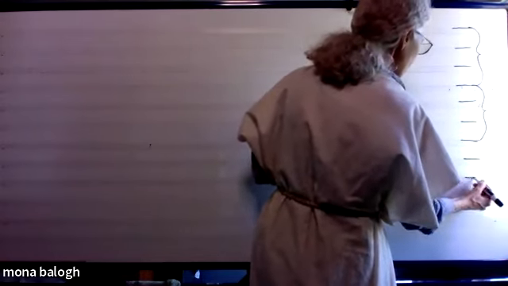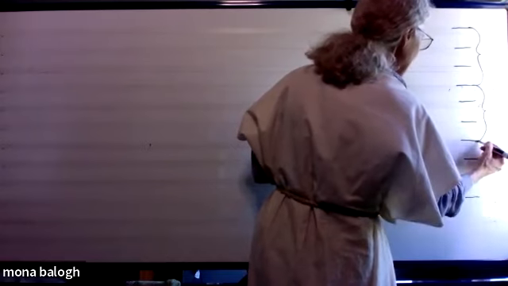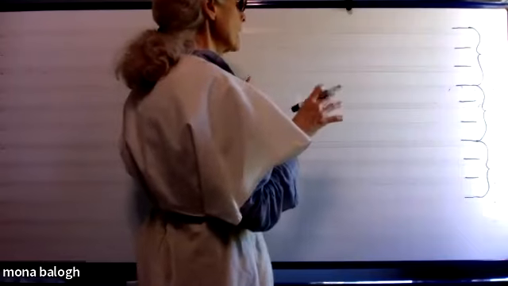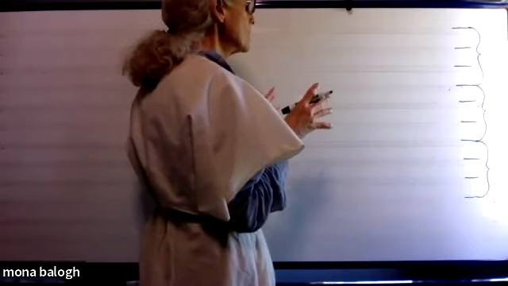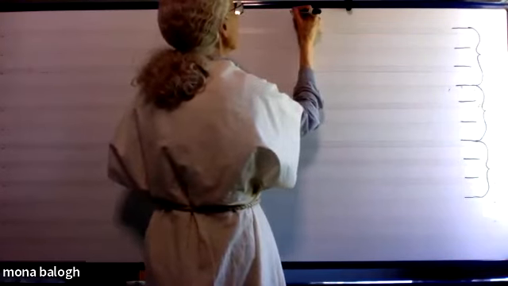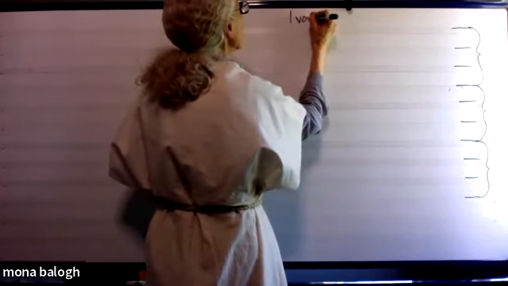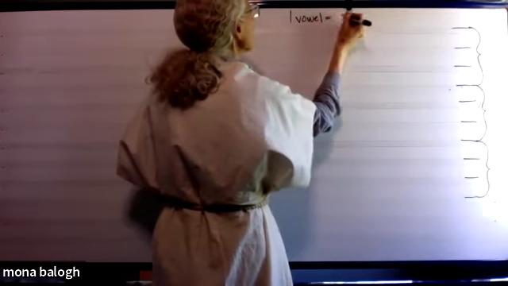The vowels are attached to the letters, right? You have to have a vowel attached to the letters in order to make a syllable, to make a sound with those letters. They do have sounds of their own, but they have to have a vowel attached. And for every vowel, one vowel makes one syllable.